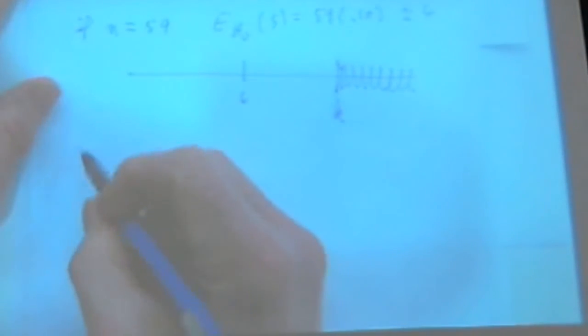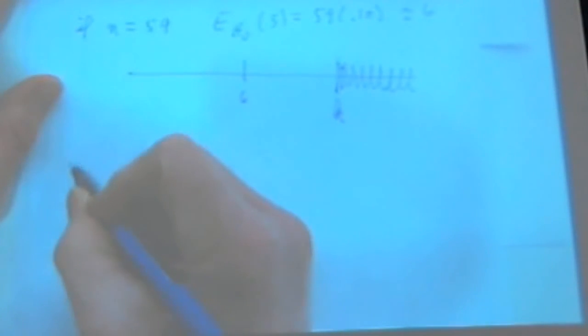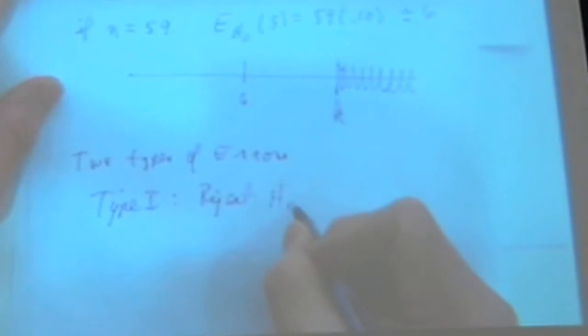This is from math stat. So I can't think of another test. Errors. That one is when you reject H naught and H naught is true.